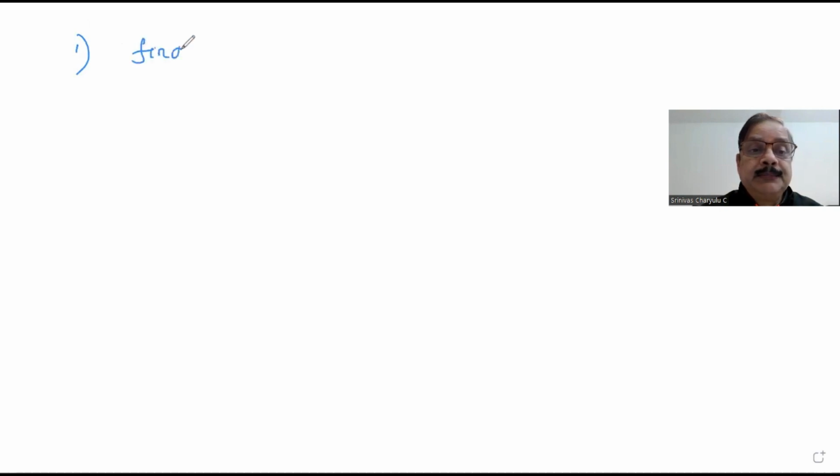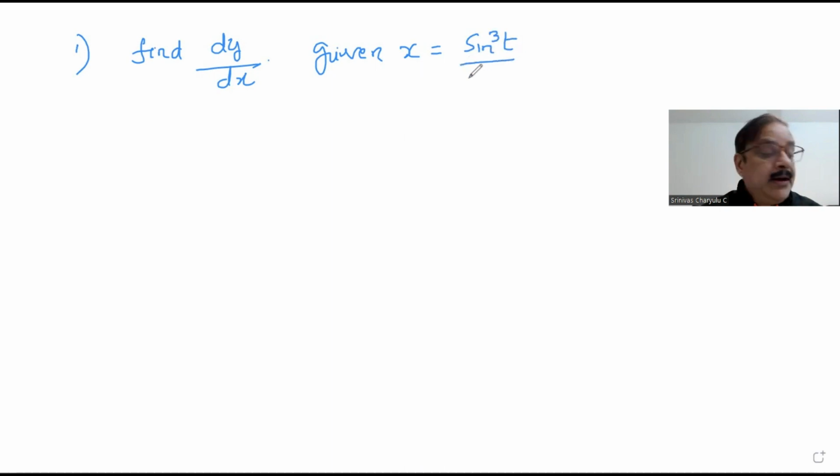Find dy by dx given x is equal to sine cube t divided by root of cos 2t, and y is equal to cos cube t divided by root of cos 2t. Okay, so this is a little bit long sum, but let us start doing this.